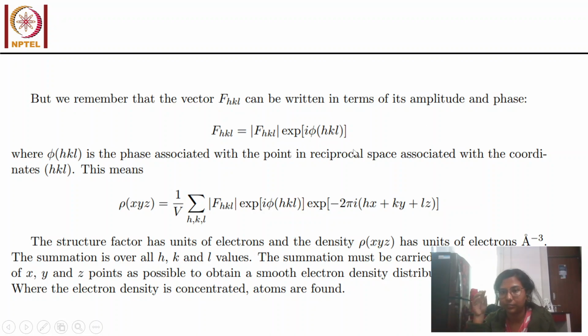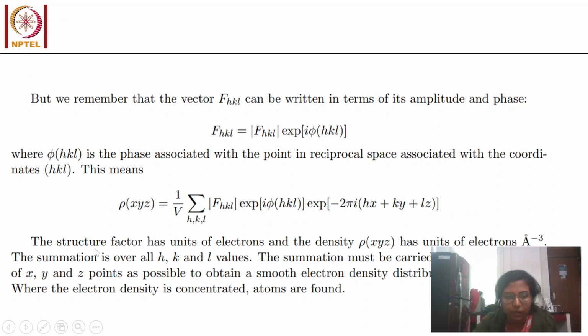Phase is related to the origin, the difference from the origin. This F(hkl) is the magnitude, and this is the phase part. This phi(hkl) is the phase associated with the point in reciprocal space with coordinates hkl. So to know the electron density, we split the vector F(hkl) into the magnitude and the phase part.